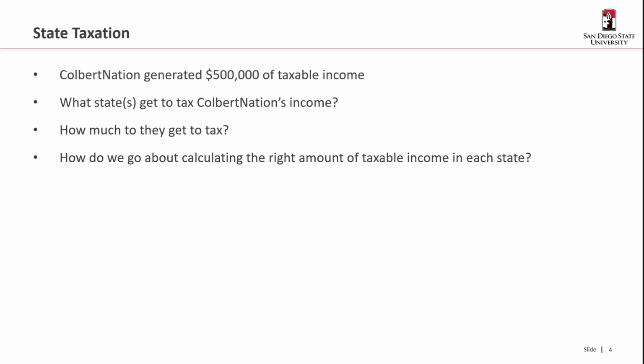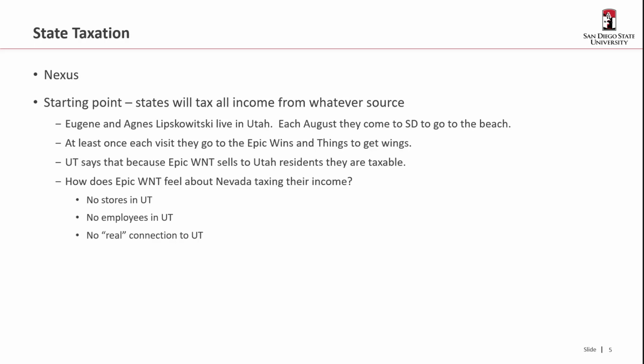If I could distill down what this module is supposed to represent, it's answering these questions. One of the things we start with is, what states get to tax Colbert Nation's income? The concept is known as nexus.